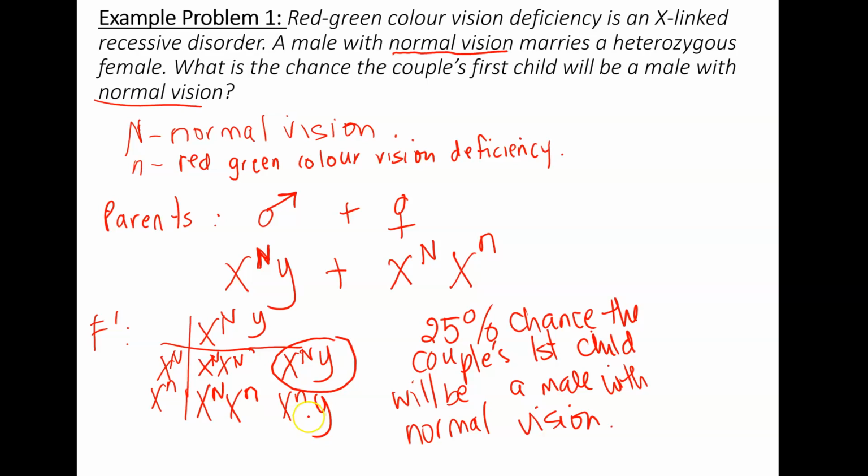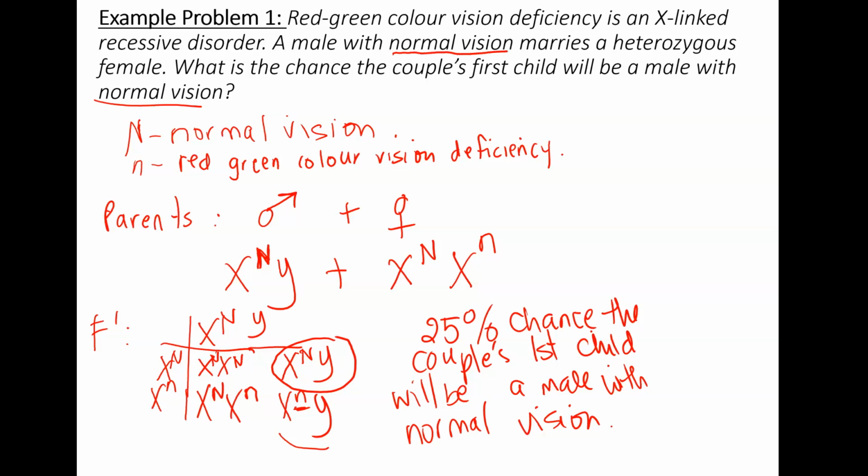This is another male, but this male has red-green color vision deficiency because he's got the little n. And these two are females. So one out of those four was the normal male. That's why it's 1 out of 4, which is 25%.